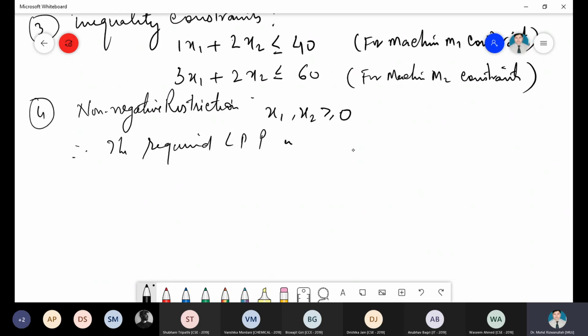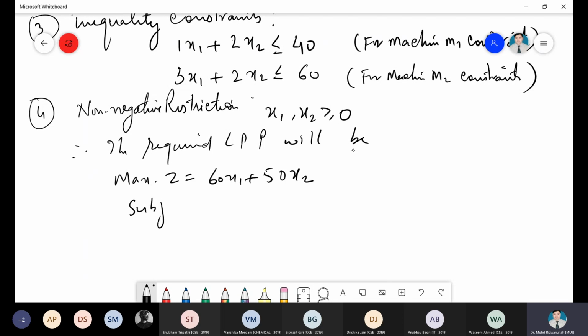You just write it as max. This is the case of maximization. So maximize Z equal to 60x1 plus 50x2. This is your objective function.